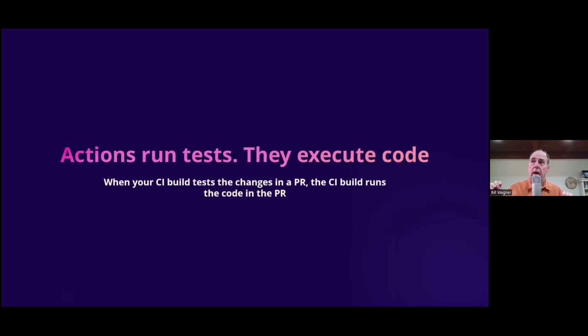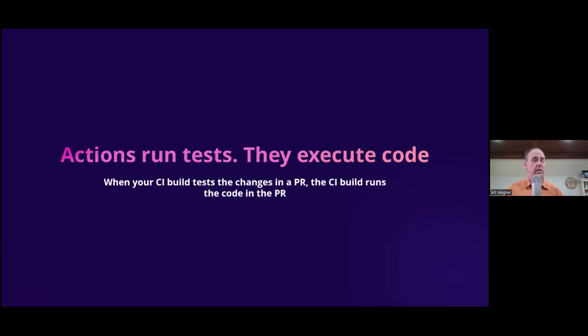Okay. Remember that I talked about some of the actions that we did, and many of those will run unit tests. They may run other bits to do integration tests, even if you wanted. May do some other build that shells out to some other things to possibly even do a publish or a deploy. So actions run and execute code. So when your CI build tests the changes in a PR, the CI build is going to run all the code in that PR.